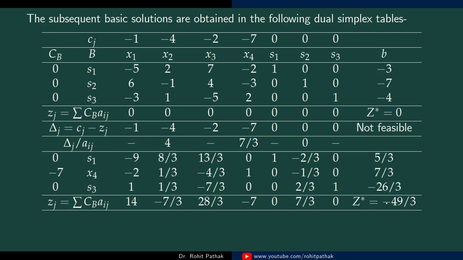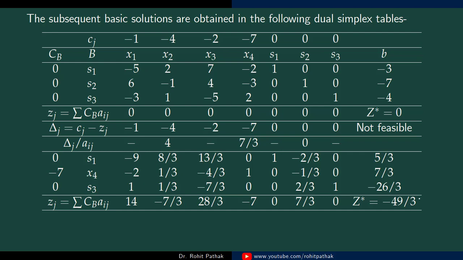Now what is the value of Z star? So to find value of Z star, we just take this 7 by 3 and we multiply by minus 7, because we have x4 equal to 7 by 3, s1 equal to 5 by 3, s3 equal to minus 26 by 3, and x1, x2, x3 equal to 0. So if we put x4 equal to 7 by 3 in the objective function, we get minus 49 by 3.